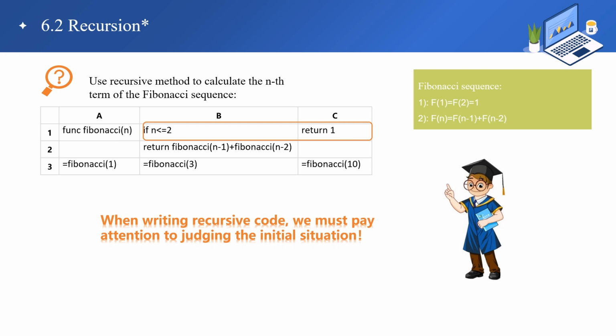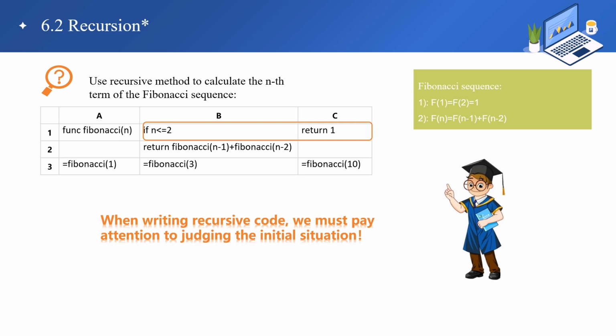If we forget this judgment, recursion will become an endless loop and never return, and this endless loop will easily lead to memory overflow. This is because every time the recursion enters the function body again, the current variable value will be temporarily stored for recovery when it returns. If the recursion does not return, the space occupied by these variables will soon exceed the memory of the computer.